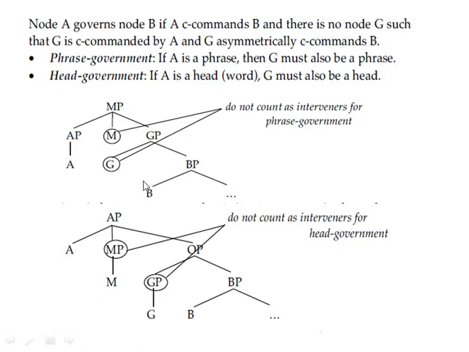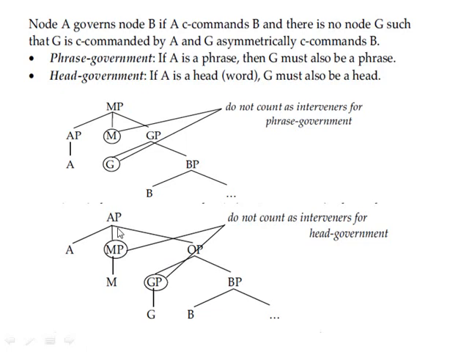Kita anggap bisa karena di sini walaupun ada penghalangnya yaitu M dengan G, tapi karena penghalangnya adalah berupa head, maka tidak bisa disebut sebagai interveners ya. Jadi tetap AP governs B. Or AP phrase governs B. Jadi the phrase governs. So if A is a phrase, then G must also be a phrase.